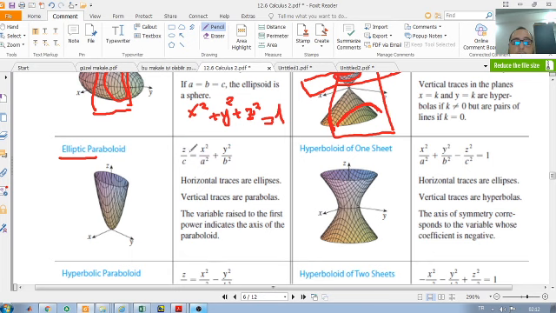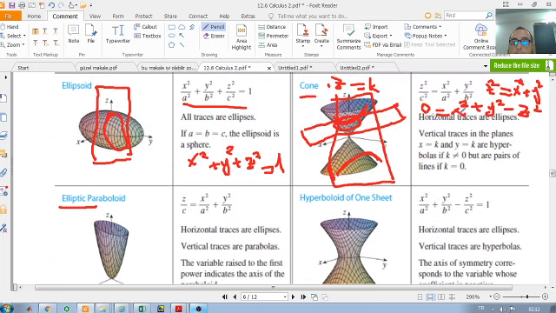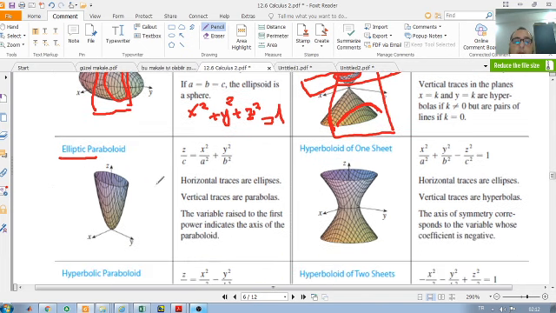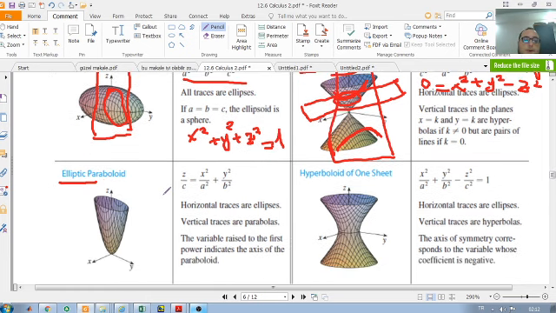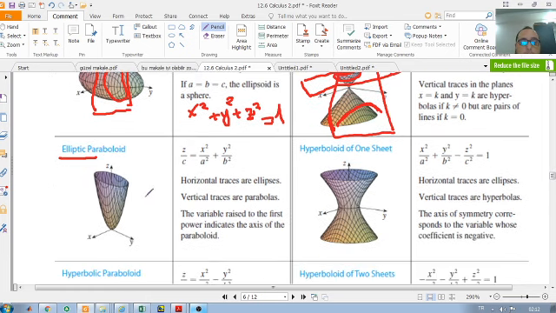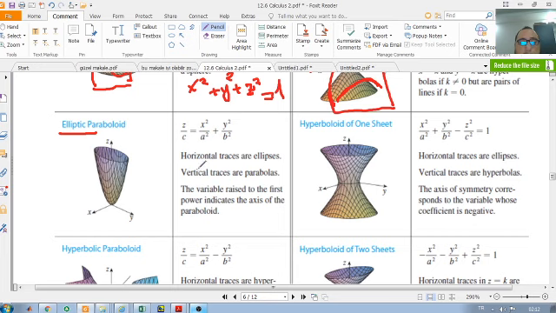Similarly, we have z is equal to x squared plus y squared. If you don't have the number 2 for the power of the variable z, this is the difference between the cone and the elliptic paraboloid. You will get another surface which is called the elliptic paraboloid. Horizontal traces can be obtained by intersecting the graph with a horizontal plane.